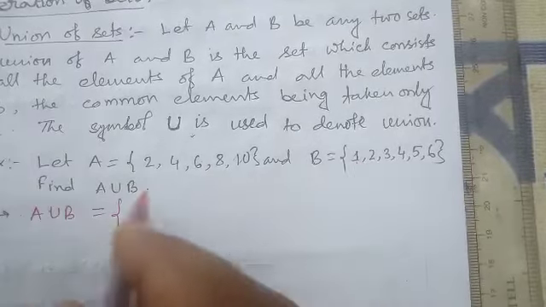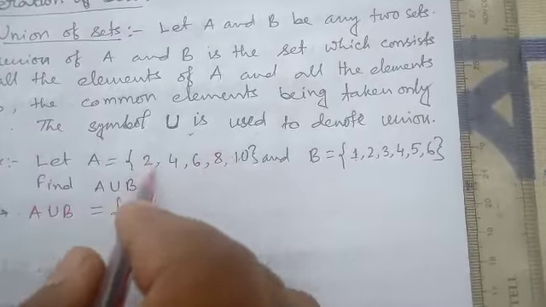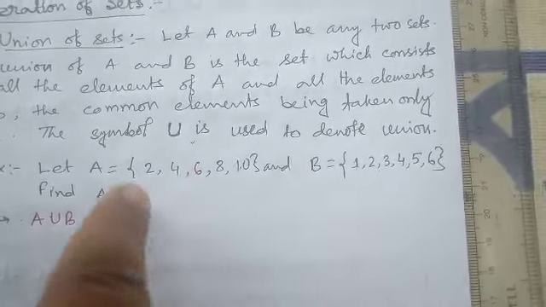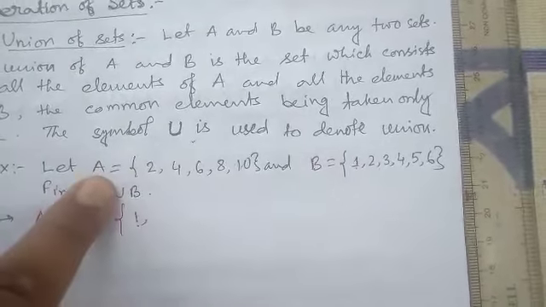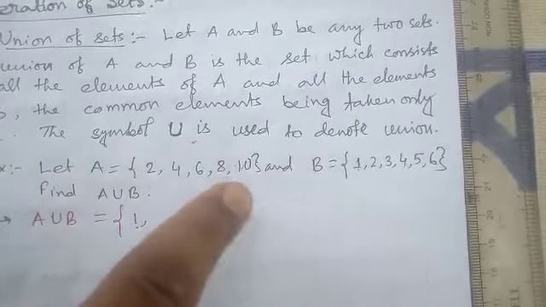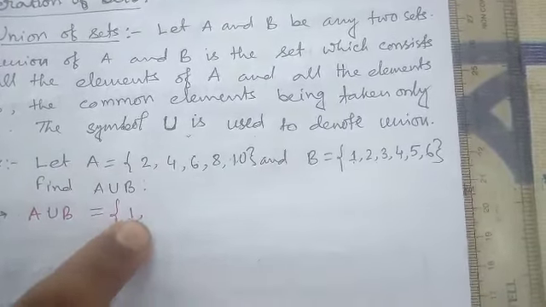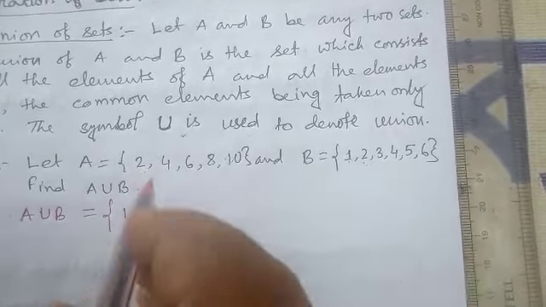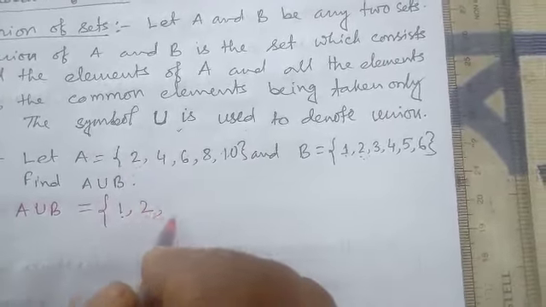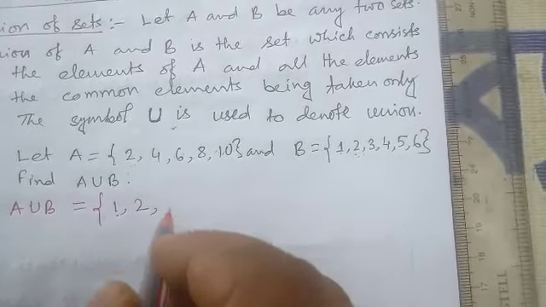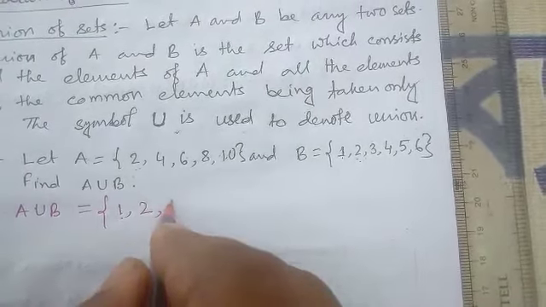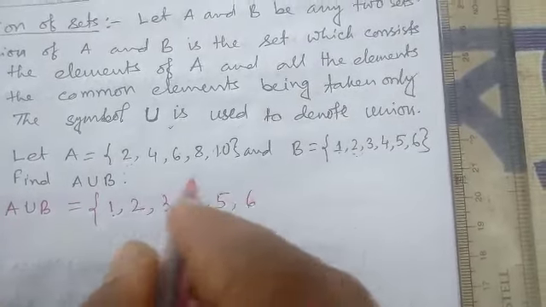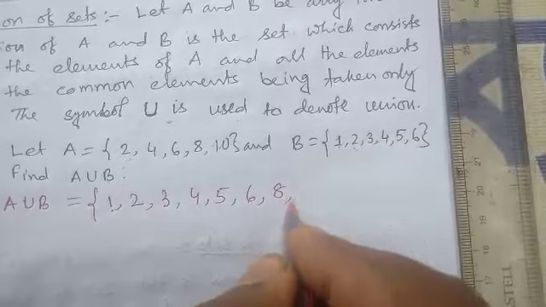You take all the elements of A and B, and common elements only one time. Here 2 is present in both sets, so you consider it only once. So 1, 2, 3, 4, 5, 6, 8 and 10.